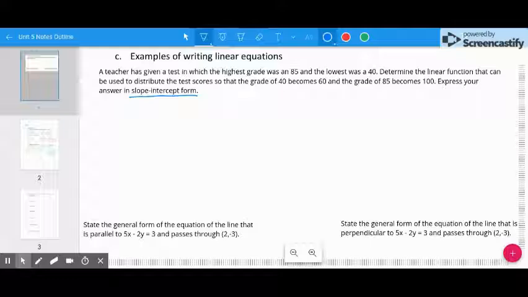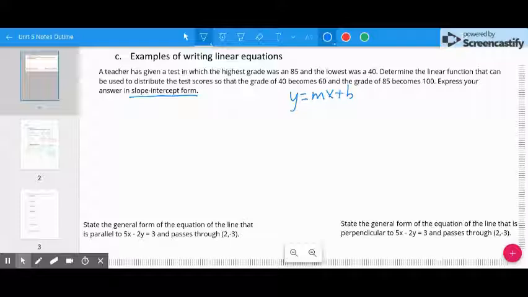So that's y equals mx plus b is our final answer format, which means if they gave us m and or b, we have something automatically. If not, we're going to have to solve for them. And if we look here, we have 4 values, 40, 60, 85, 100.